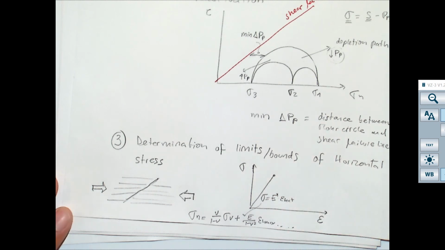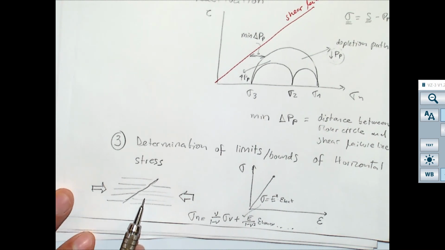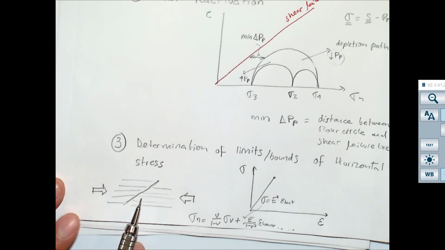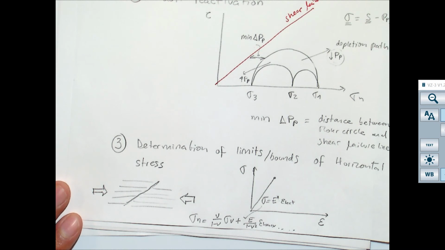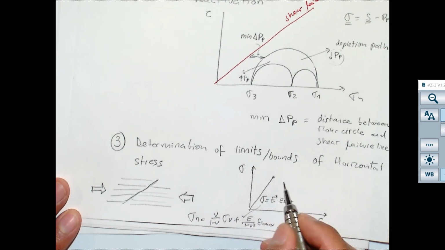But as we're saying, there's going to be a point at which the subsurface is going to break, and we're going to have faults and faults, and at that point the stress is not going to go any larger.